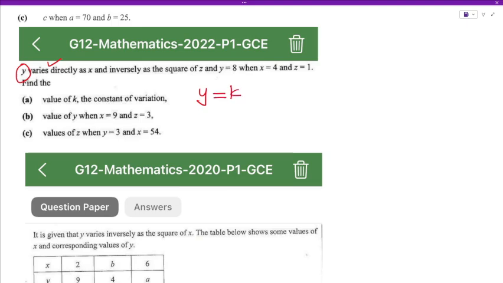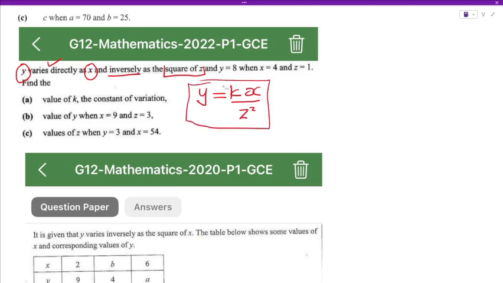Directly as x, you put your x there. Whenever you see the word inversely, you underline the values on the right, and whatever comes after inversely has to become your denominator. Inversely as the square of z. The square of z means z squared.